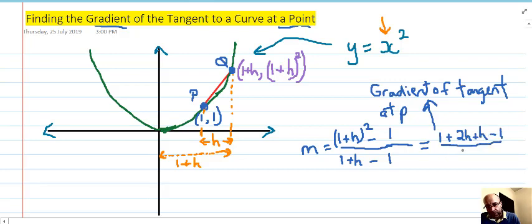On the bottom we've just got h, which should be no surprise. You can see it there in orange. Oh, I just noticed I forgot to write my squared there. The ones on the numerator cancel, so we've got h squared plus 2h over h. Divide top and bottom by a factor of h, and we have 2 plus h, or h plus 2. I'm going to write it as 2 plus h. It helps a little bit.